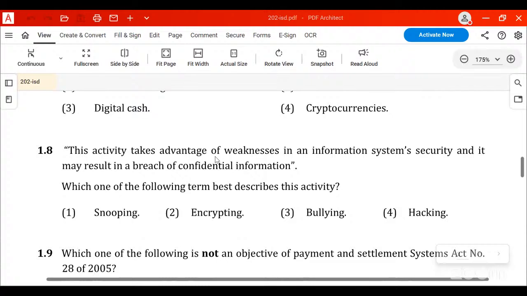That is hacking. Which one of the following terms best describes this activity? Using loopholes or security breaches in an information system, these hackers can hack and do what they want in the system.